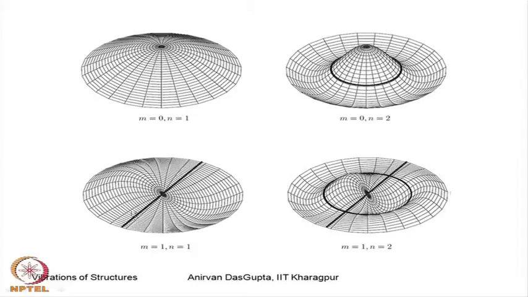When m equals 1 and it is the cosine mode, it is 0 at phi equal to pi by 2. Suppose this is pi by 2, then the sine mode will be at phi equal to 0, which means the nodal diameter just gets rotated by 90 degrees.